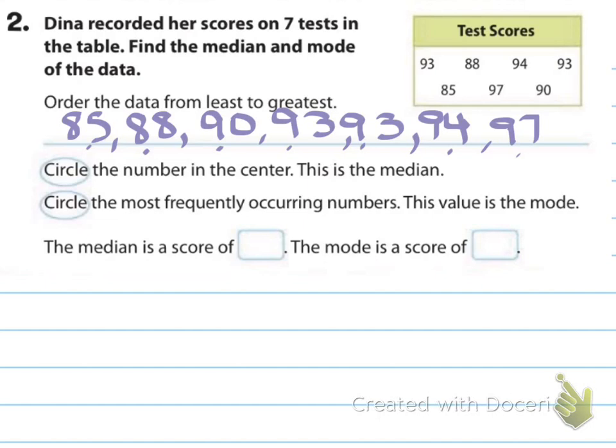You don't want to start doing tag you're it until you've made sure you put all the numbers in, because maybe after you saw 93 once, you only wrote it once and you didn't want to duplicate it, so you are missing a number. So it's important that we have both of those 93s in our data set. All right, so we go tag you're it, tag you're it, tag you're it, ding ding ding ding ding, winner chicken dinner.